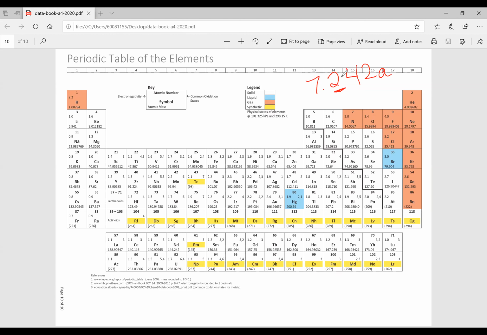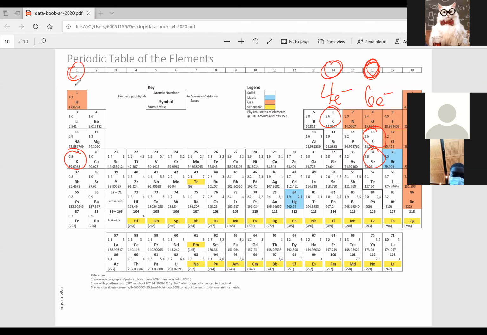Let's do these problems. We have sulfur, carbon, selenium, and potassium. This is the easiest question ever. Anything in group 16 has 6 valence electrons. Anything in group 14 has 4.